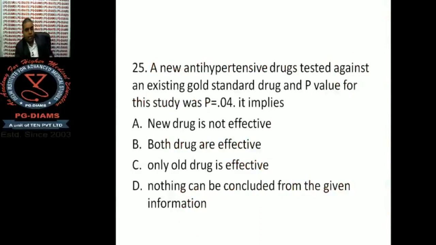Now, that is the second question, which is linked with calculating or knowing the basics about p-value. The question says that a new antihypertensive drug is tested against an existing gold standard drug and the p-value is 0.04. What does it imply?